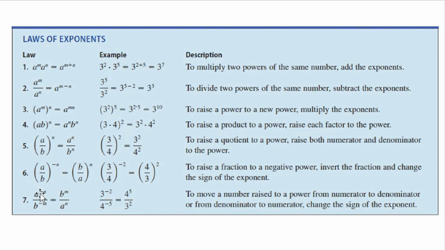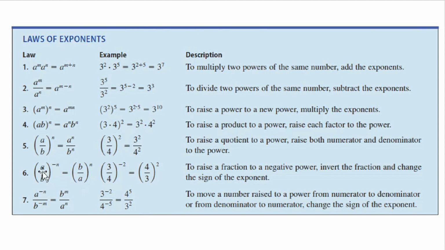So for number 6, to raise a fraction to a negative power, invert the fraction and change the sign of the exponent. So we have a over b to the power of negative n. Again, to raise a fraction to a negative power, we are going to invert the fraction and change the sign of the exponent.